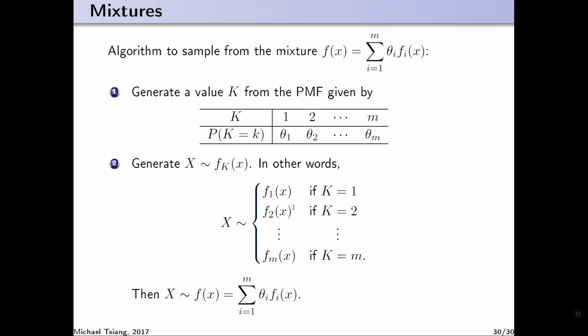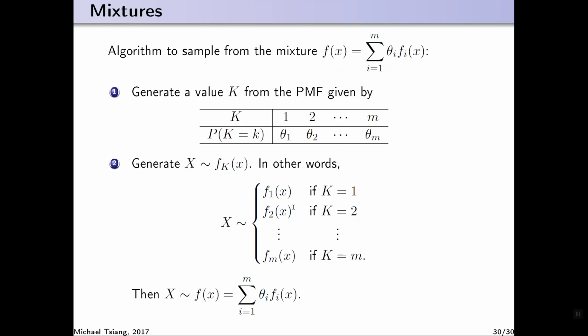You have a random uniform to decide which category it comes from, and once you have that, you use whatever method is appropriate to generate a value from the respective distribution, whether it be a normal or an exponential or things like that. This allows you to generate values from mixtures.